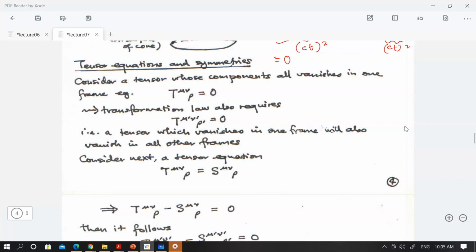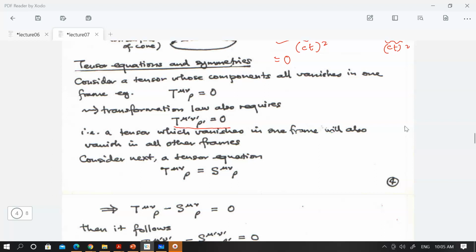So it refers to a particular reference frame for which all these tensor components are 0, but you can use the transformation law, and that requires that in any other frame these tensor components will also be 0. So tensor equations are good because once it's valid in one frame, it should be valid in other frames.